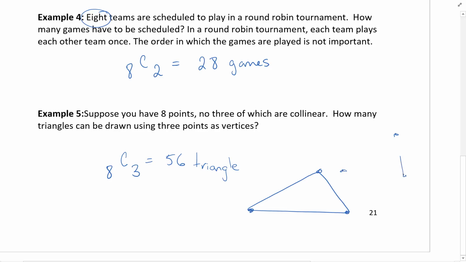If it was like this and I connected them this way instead? No, it's the same triangle. So that's why we're doing a combination, not a permutation. Because a permutation, you get lots of repeated triangles drawn in a different order, but the same triangle using the same 3 vertices. Okay, so order versus order not mattering.